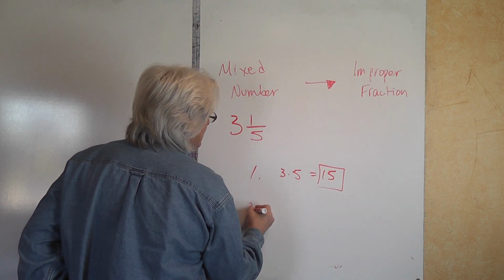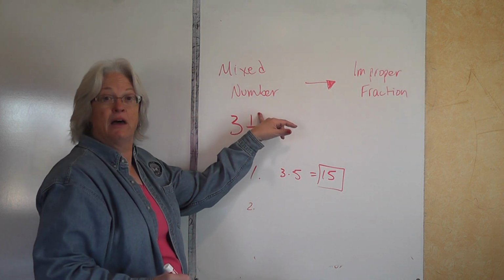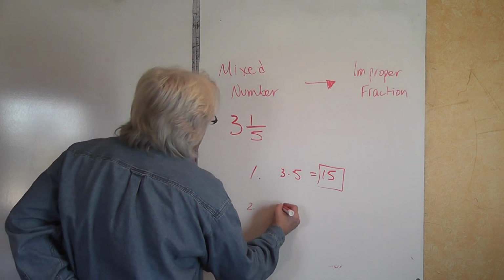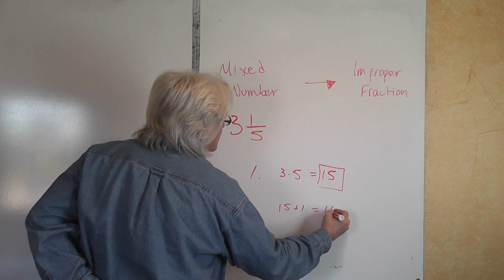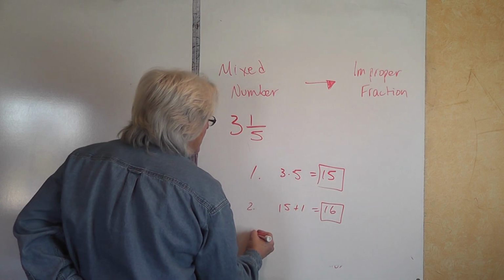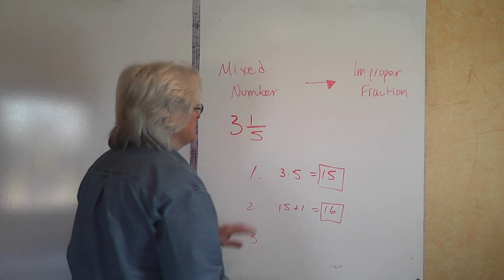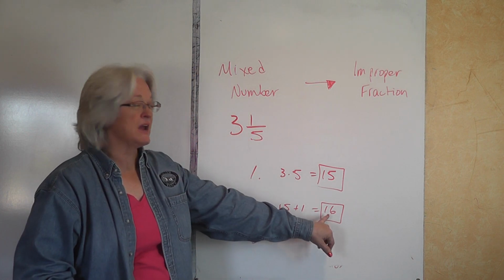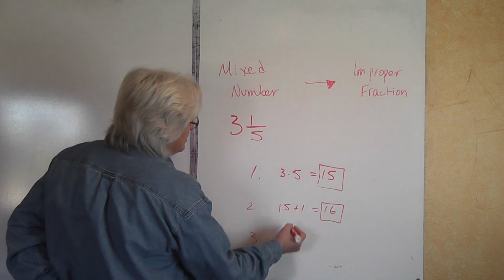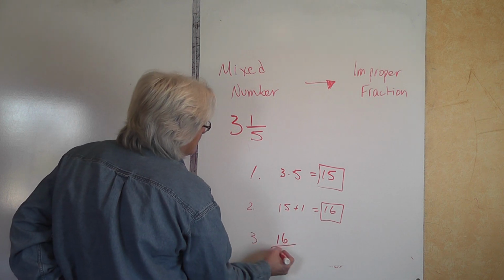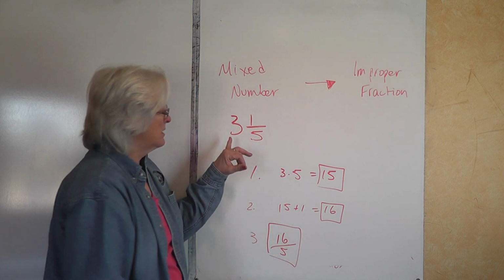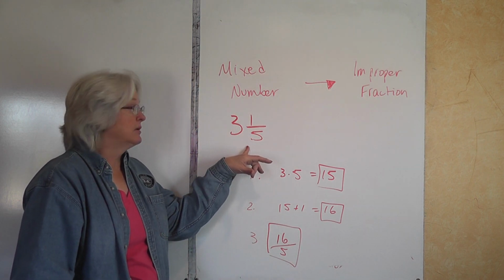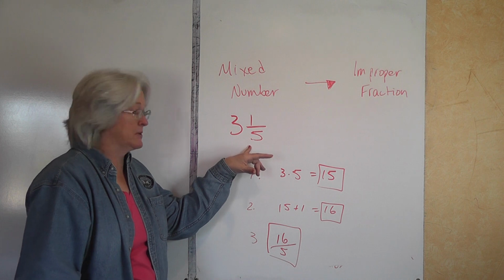The second step says add the numerator to that sum. 15 plus 1 is 16. And the third step says write your problem. Take that sum and use that as the numerator written over the denominator that's used in this mixed number.